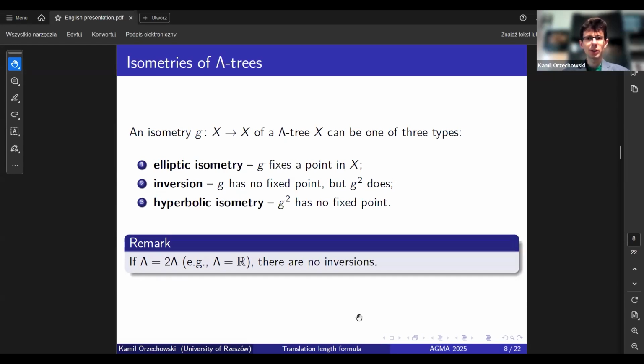It stabilizes an edge, but changes places of vertices, swaps them. And the remaining isometries are called hyperbolic isometries. It is known that if lambda is 2-divisible, for example, the group of real numbers, there are no inversions.